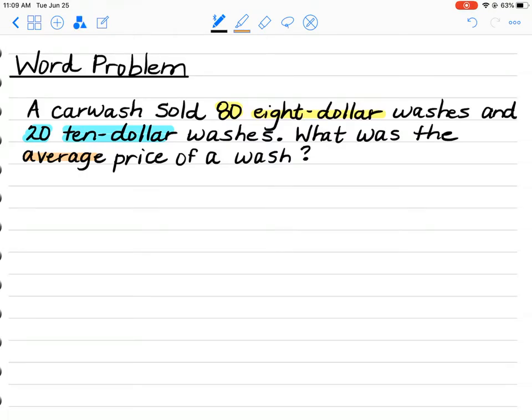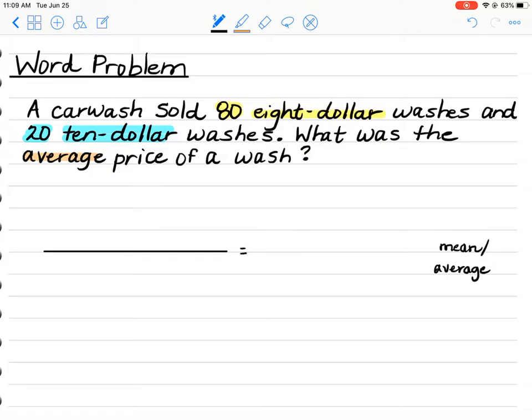But your format to find a mean doesn't change. You're going to say, here's the total amount, and this is going to give me a mean or an average eventually. So let's start with what we know.